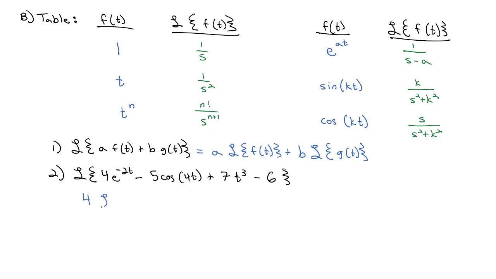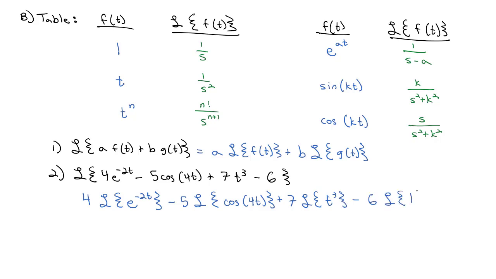In other words, 4 times the Laplace transform of e to the negative 2t minus 5 times the Laplace transform of the cosine of 4t plus 7 times the Laplace transform of t cubed minus 6 times the Laplace transform of just a 1.